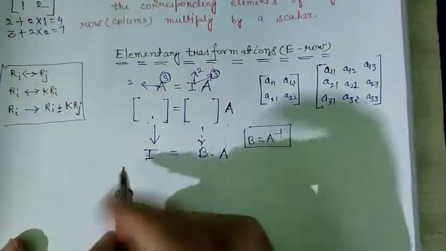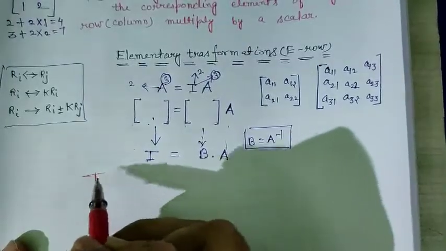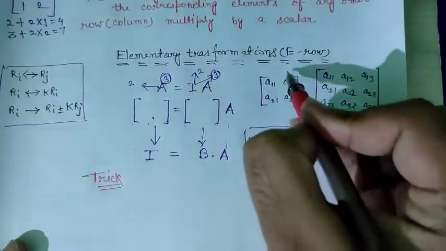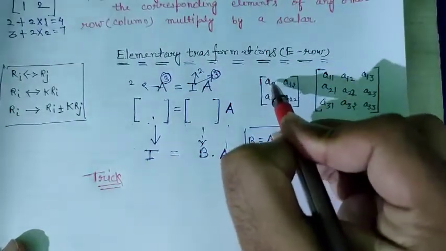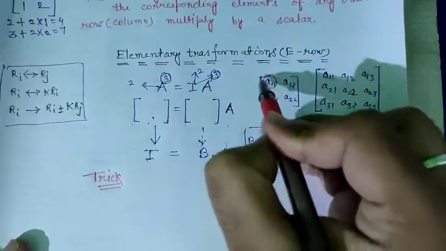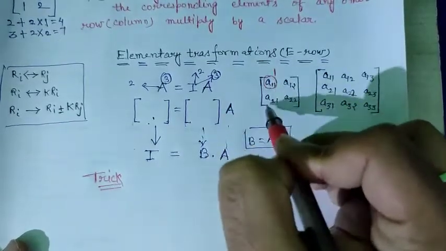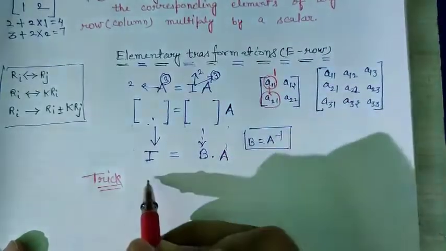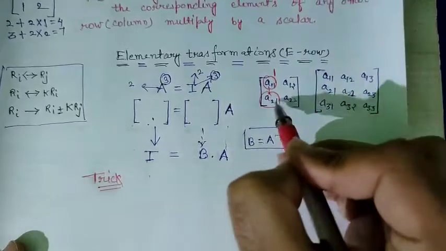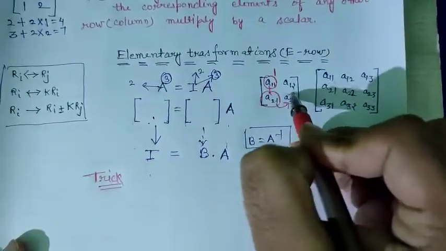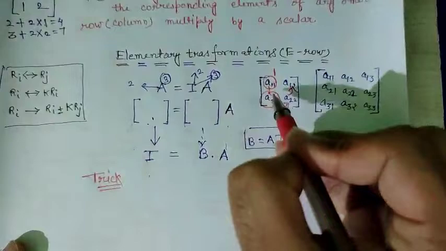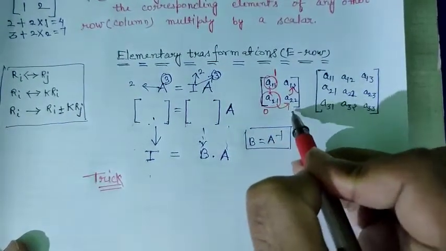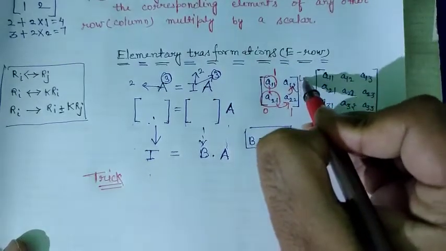Now the trick says we have to start with this A11 and make it 1 for the identity matrix, then we'll change this into 0, and then this one, and we are trying to convert it into an identity matrix, so this will be 0, this will be 1, and this will be 0.